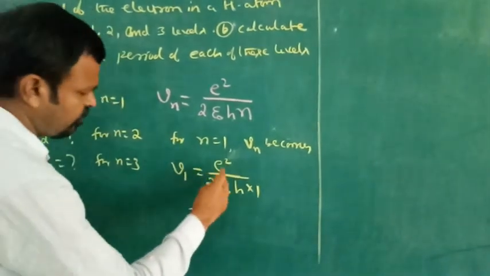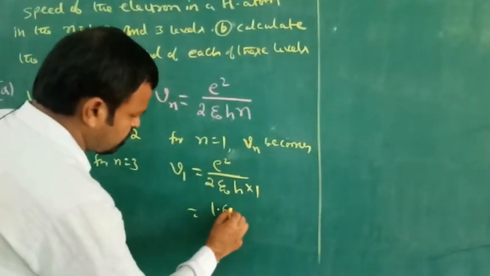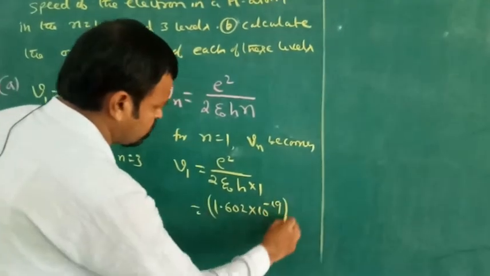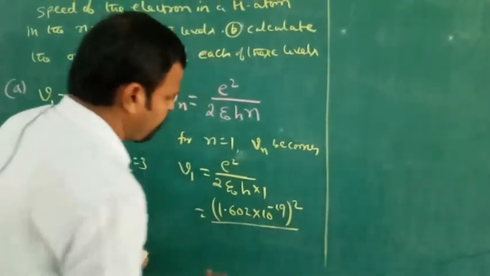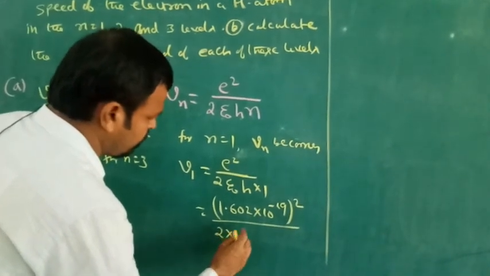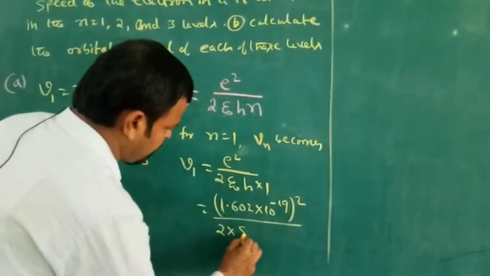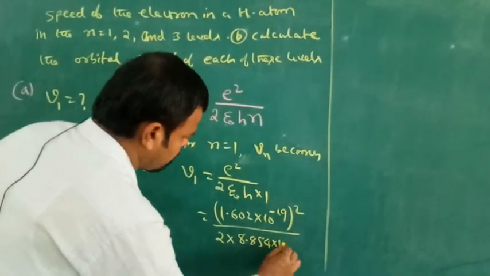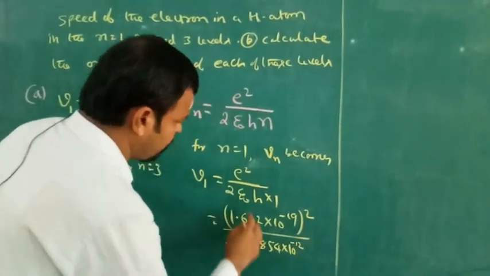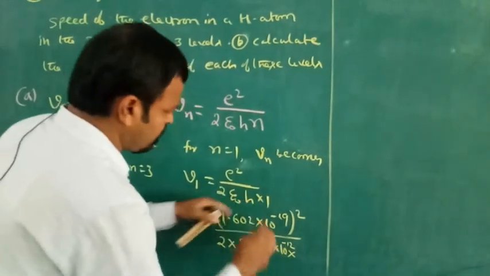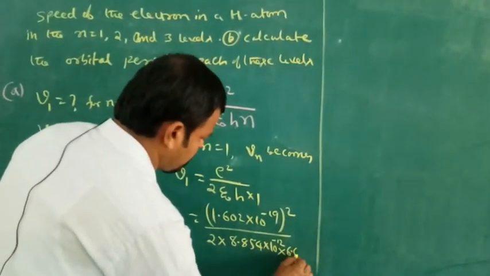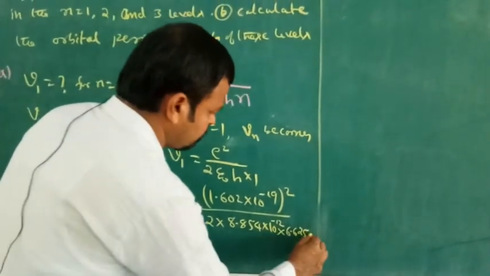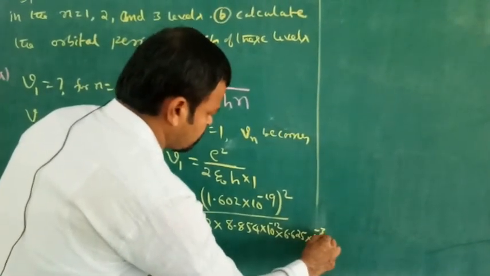Substitute the values: e is 1.602 into 10 power of minus 19, whole square, divided by 2 into epsilon naught, 8.854 into 10 power of minus 12, into Planck's constant 6.625 into 10 to the power minus 34.